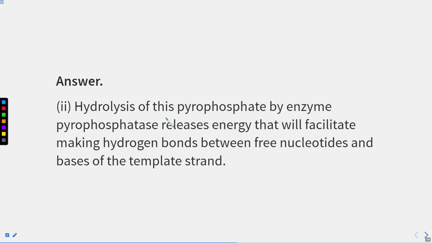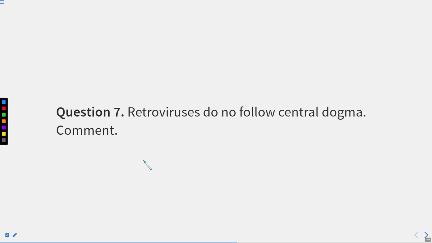This is clear. And then what happens? Hydrolysis of this pyrophosphate by the enzyme pyrophosphatase. That carries out the hydrolysis of the pyrophosphate, and in this process energy is released, and that energy facilitates making hydrogen bonds between the free nucleotide and bases of the template DNA.